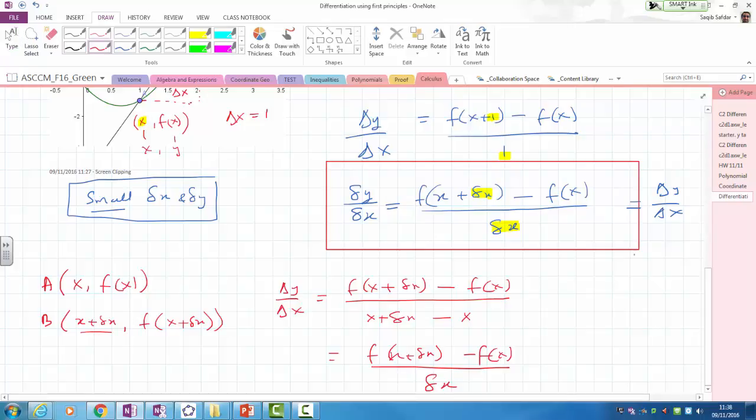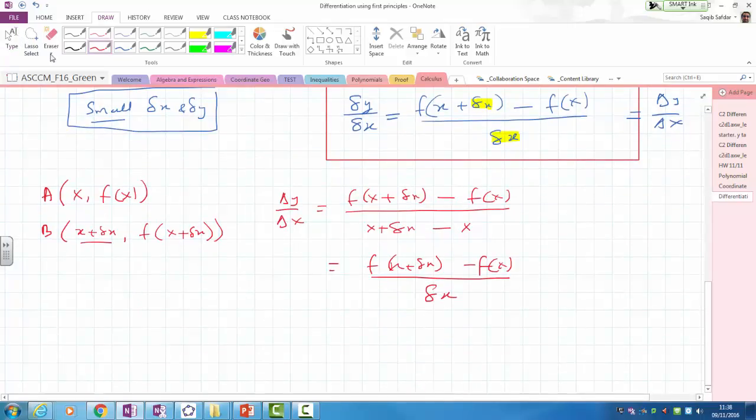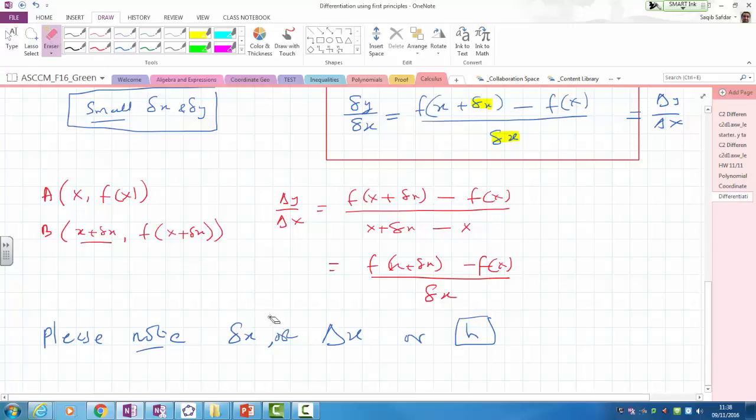Now, I'll make a side note here, and I'll write down, please note, that some people use delta x, some people might use change in x, or some people, the exam papers actually, use h as your delta x. They all mean the same thing. But I've used delta x deliberately to emphasize the rules of differentiation, dy over dx.